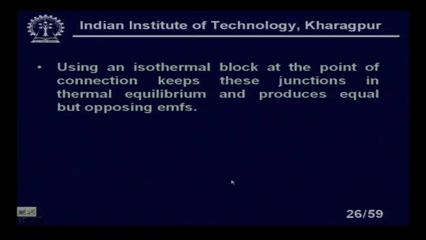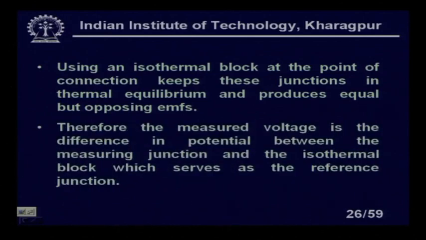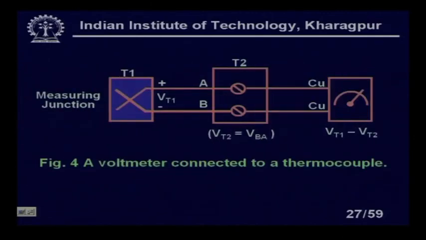Using an isothermal block at the point of connection keeps these junctions in thermal equilibrium and produces equal and opposite EMF, so they cancel and do not come into the net output voltage. Therefore, the measured voltage is the difference in potential between the measuring junction and the isothermal block, which serves as the reference junction.